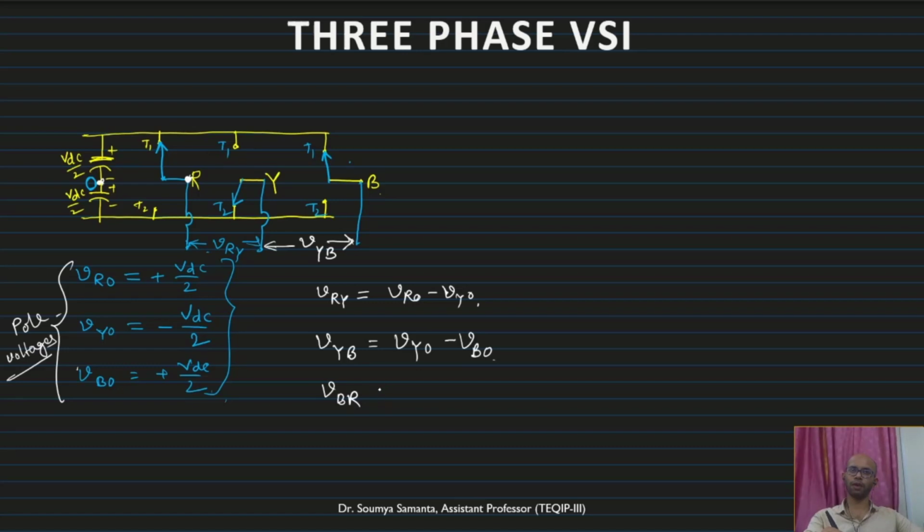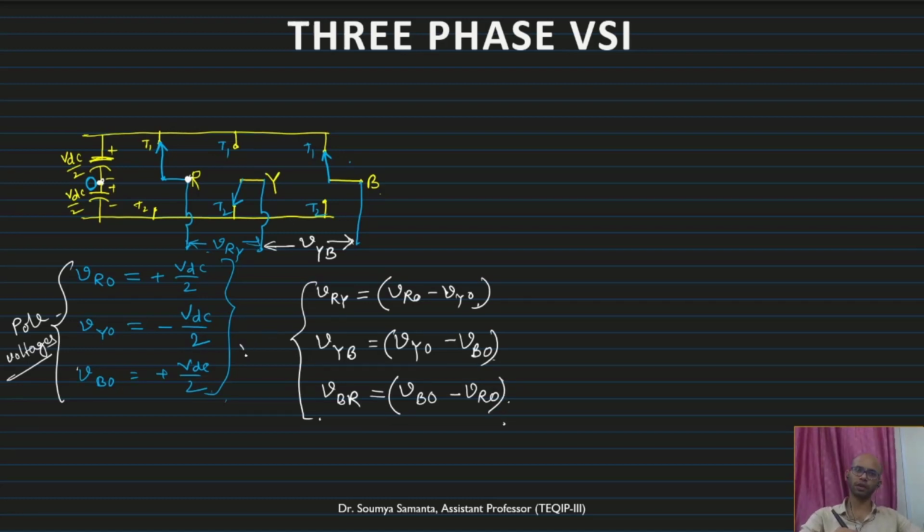What will VBR be? This will be VBO minus VRO. Okay, so this is how we can find out the line voltages. These are the expressions; if we follow them, we will get the line voltages. Now if I write this, it may be confusing, so let us write it down here.